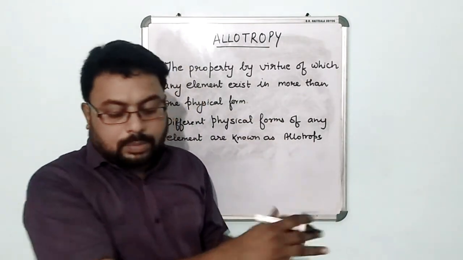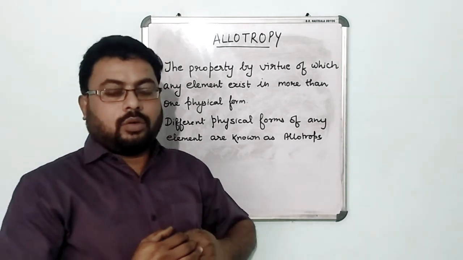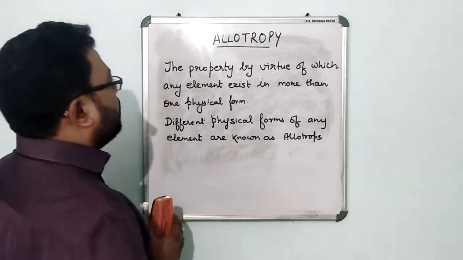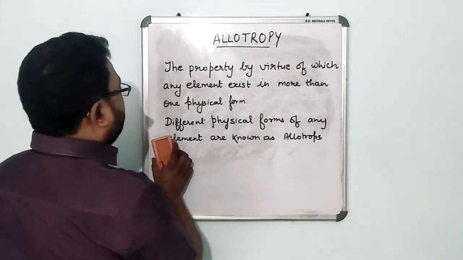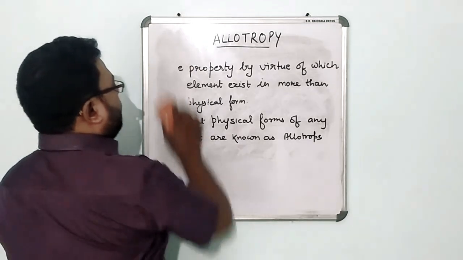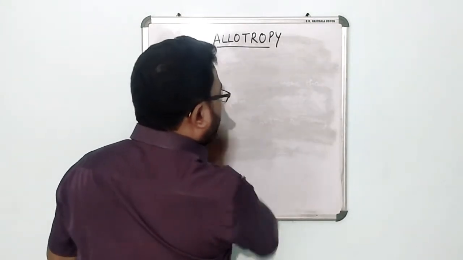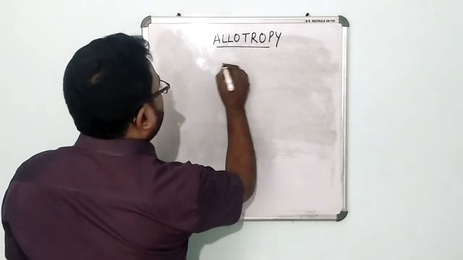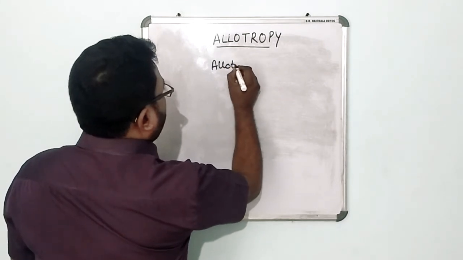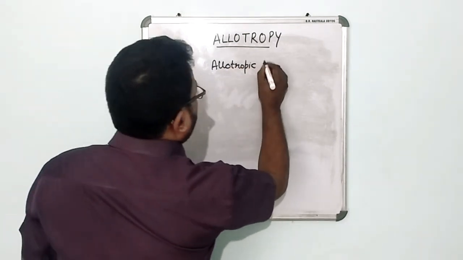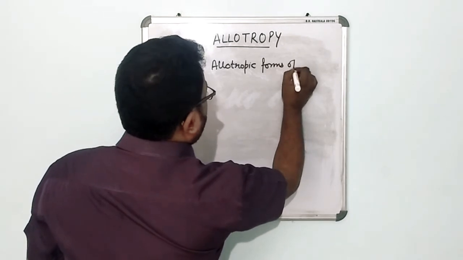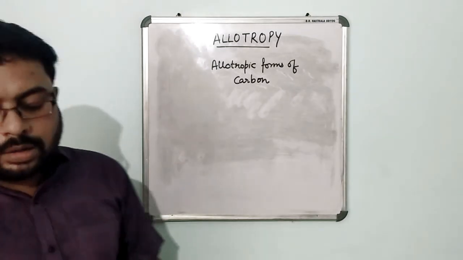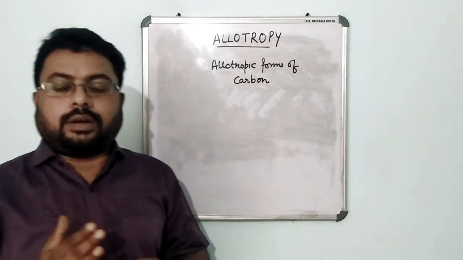Now I am going to talk about the allotropes of carbon, or allotropic forms of carbon, since we are talking about allotropy. If we look at carbon, carbon basically exists in three different allotropic forms.